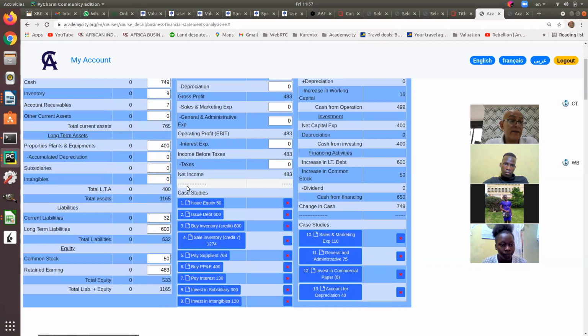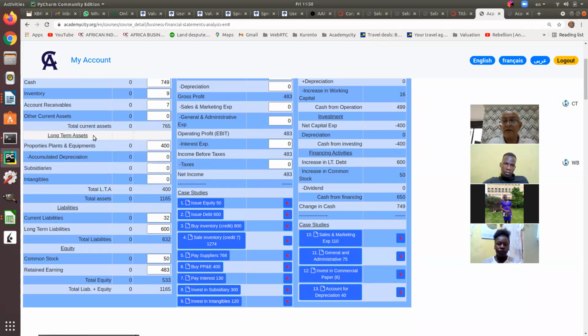On the other hand, the definition of long-term assets. Long-term assets are assets that are most likely going to stay in the business for more than a year. So if I bought machinery that I'm going to use for 5, 6, 7 years, let's say I bought a truck, that's going to be most likely for more than a year.